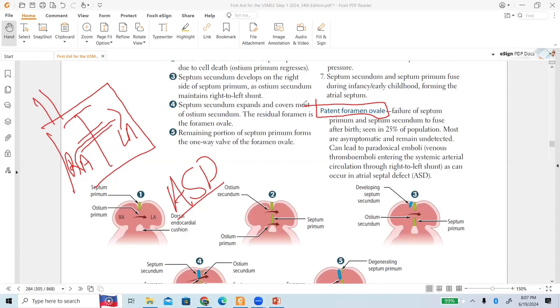Yes, it does. So infective endocarditis increases the risk of septic emboli, while patent foramen ovale risks the paradoxical emboli.